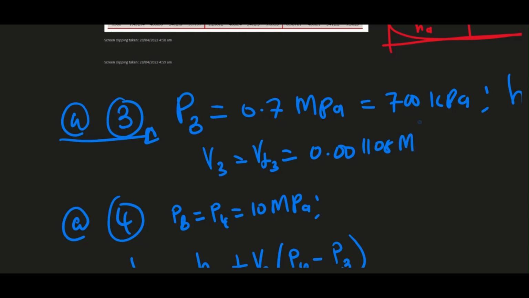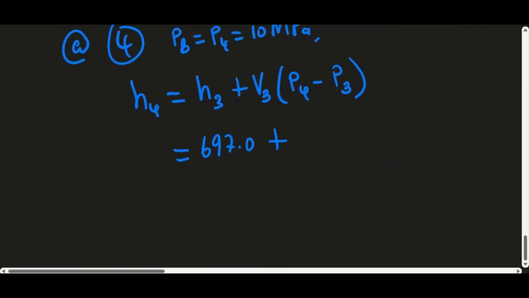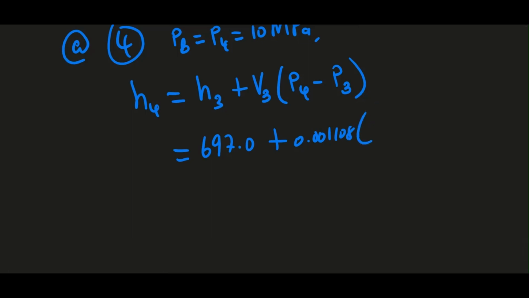Excuse me. Meter cubes per kilogram, multiplied by P4, 10 megapascal times 10 to the power 3, minus 0.7 times 10 to the power 3.